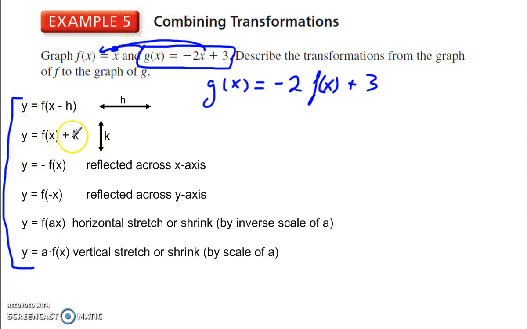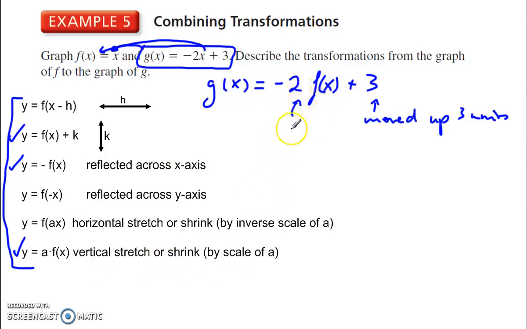We've got this right here: we're adding something to it. We are multiplying on the outside of the parentheses, so this is happening. We've got a negative going on here too, outside of the parentheses, so this is happening too. So this is being translated vertically, moved up 3 units. This means multiplied outside the parentheses.